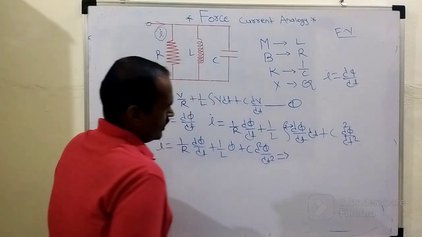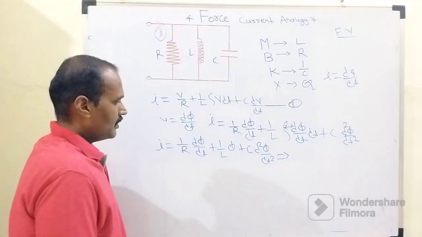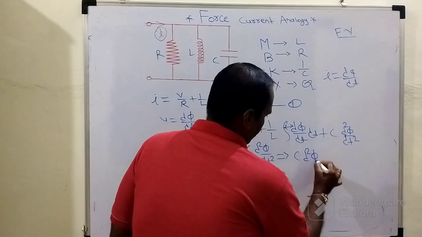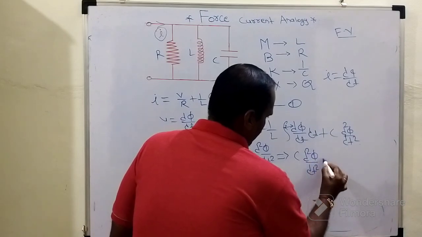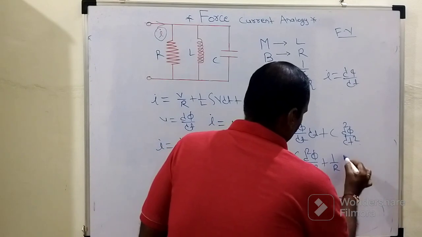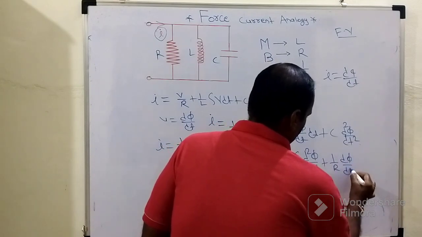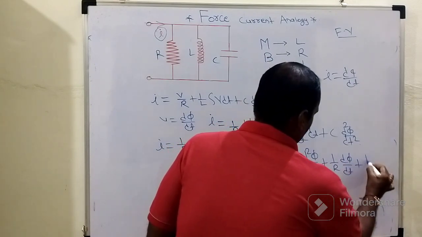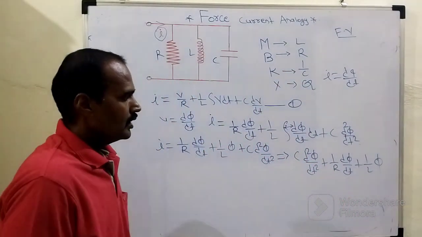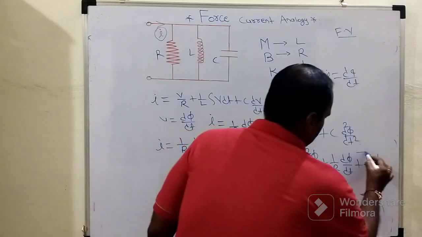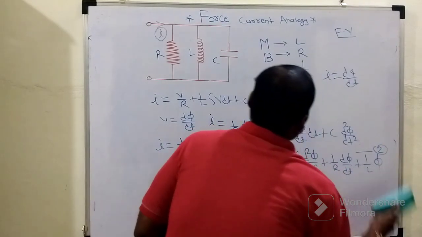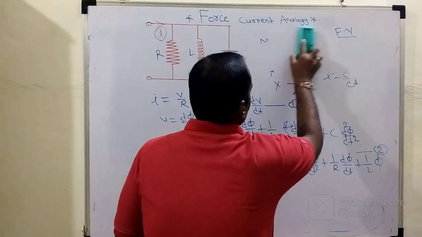If we rewrite this equation in ascending order, it becomes C into d square phi upon dt square plus 1 over R into d phi by dt plus 1 over L into phi. This whole term is equation number 2.